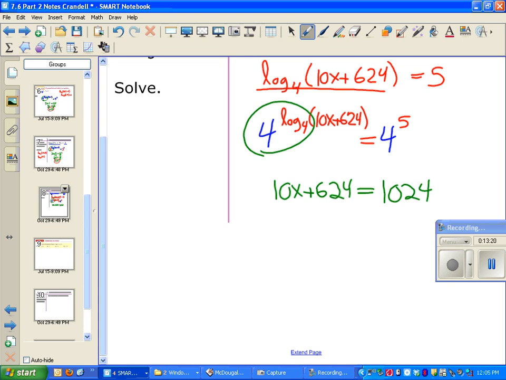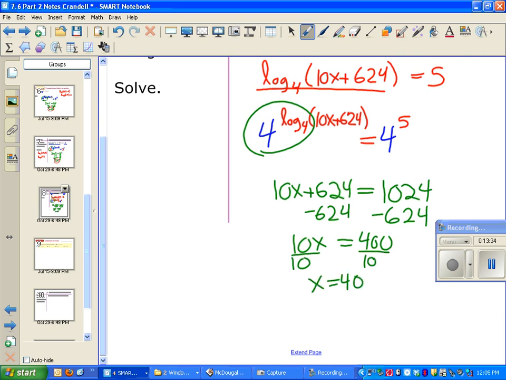So you'll have things that you can do all by your lonesome without a calculator. All right, so we subtract, we get 10x is equal to 400. Divide by 10 on both sides, and x is equal to 40. And if I plug 40 in for my x, I will get a positive number, so this number is okay. All right, if you did that all by yourself, great job.